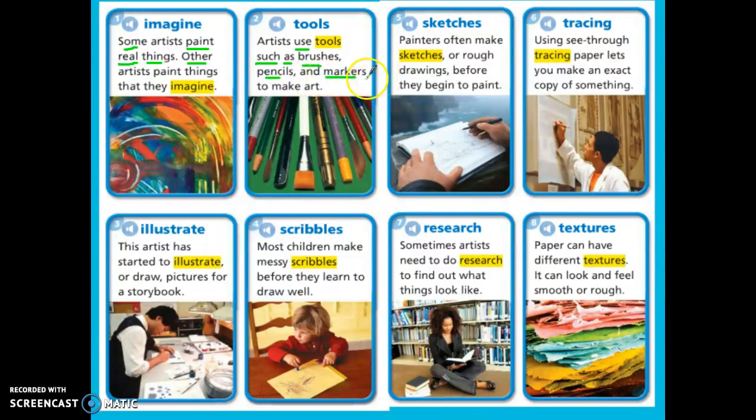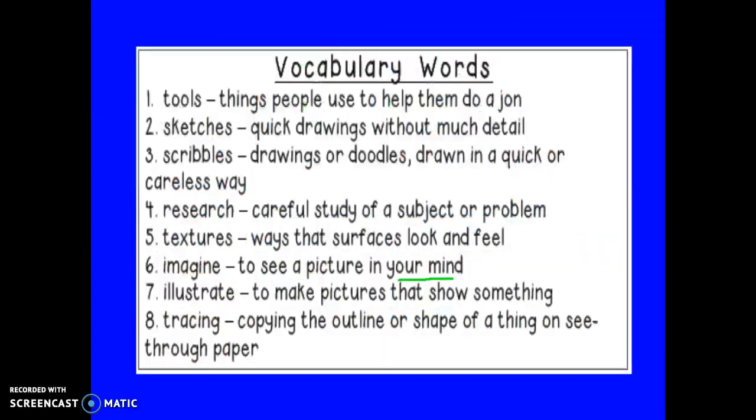So I'm thinking, based on my text clues, that tools must be items used to do a certain job. The actual definition is things people use to help them do, I believe that's a typo and it should be job. Yep. Things people use to help them do a job.